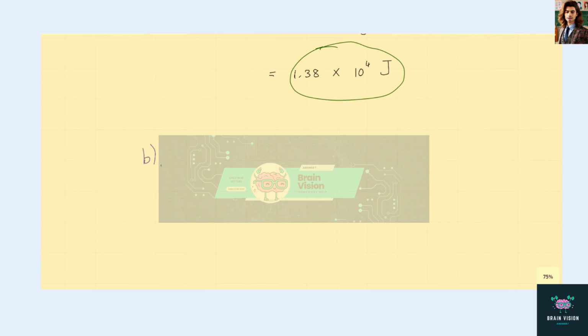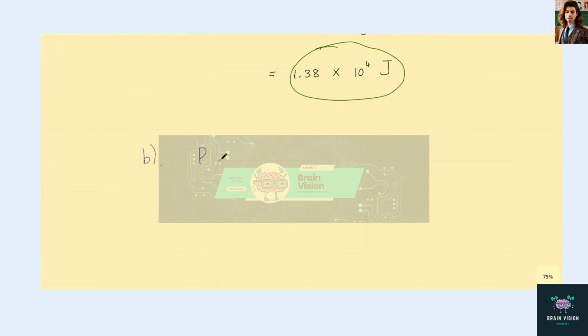Now in part B, we want to calculate the minimum average power output of the engine over this time interval. The road does work on the car when the engine turns the wheels and the car moves. So the engine and the road together transform chemical potential energy in the gasoline into kinetic energy of the car.